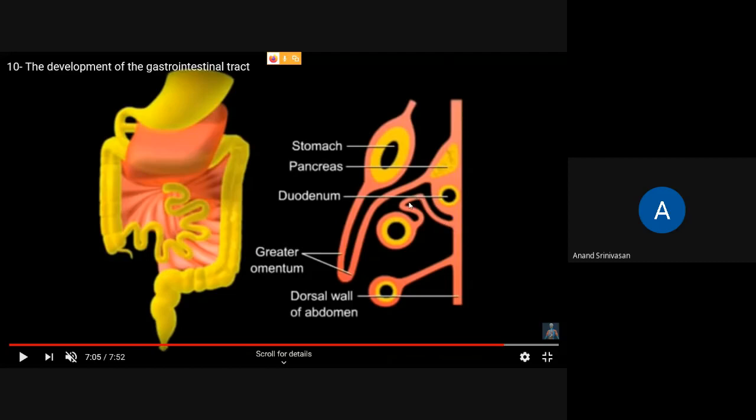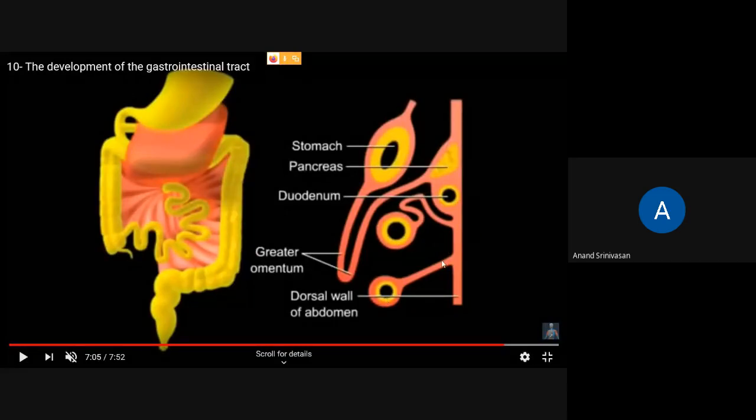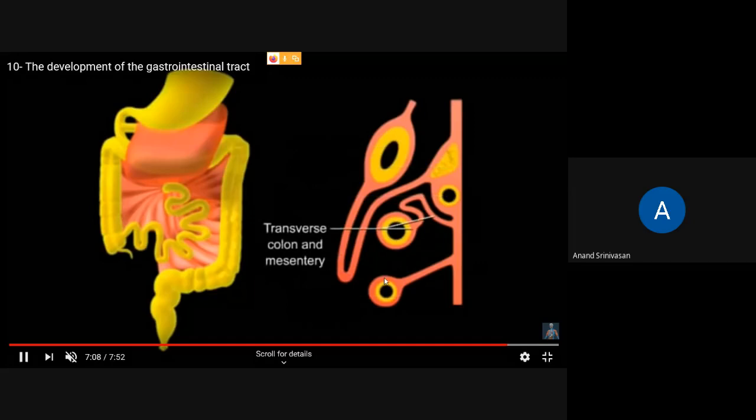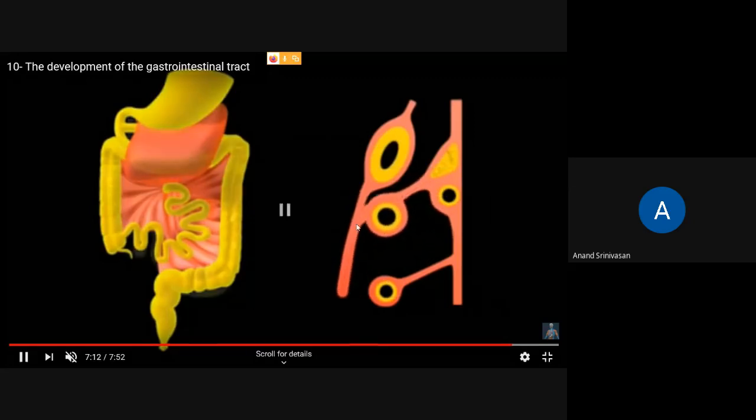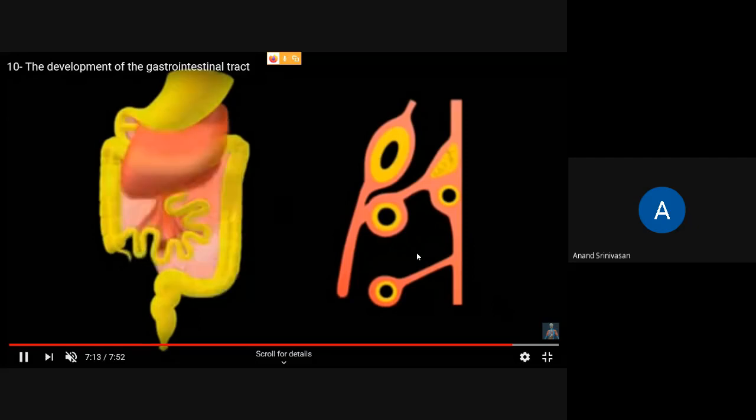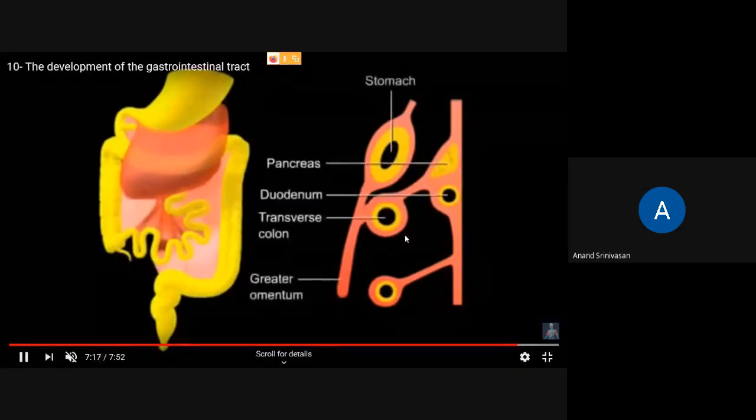This is the transverse mesocolon, this is the transverse colon, and these are the jejunal lobes. This we have already seen; just for completion's sake I'm showing it. There will be union of the greater omentum as well as the transverse mesocolon, and this will be the lesser sac.